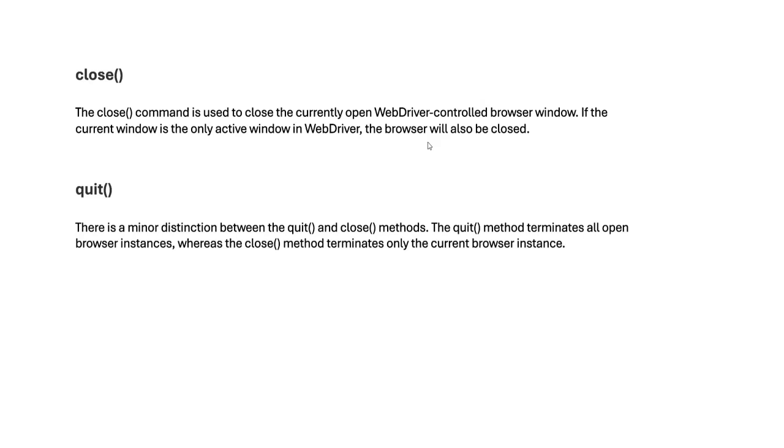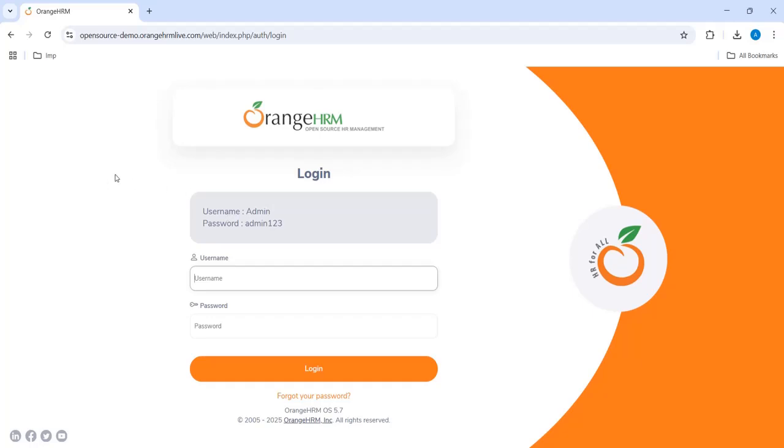So while the automation script runs, if this is the only page opened by the automation, the close method will close this tab, the particular focus. I mean, whatever tab it is focusing, it will close that.